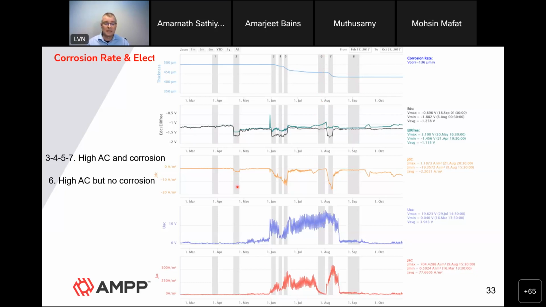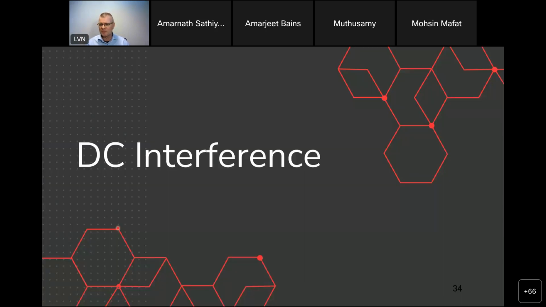So again, the corrosion rate concept can be used as a simple means just by looking at the thickness of the probe, and it can be analyzed further if you would like to diagnose the cause of AC corrosion. You can clearly see that this is an AC corrosion case caused by excessive CP in combination with induced AC.